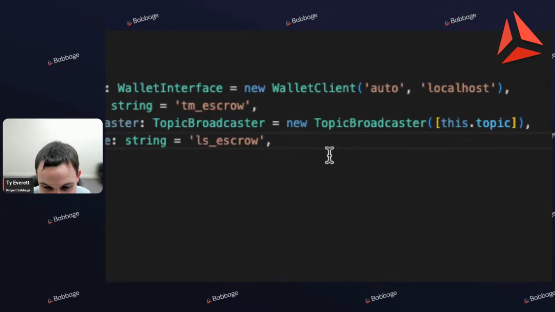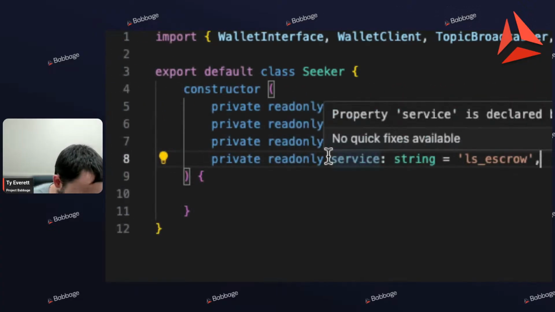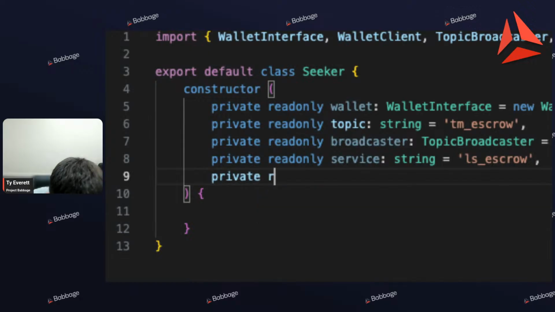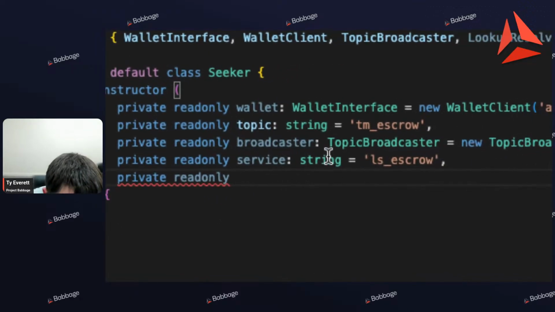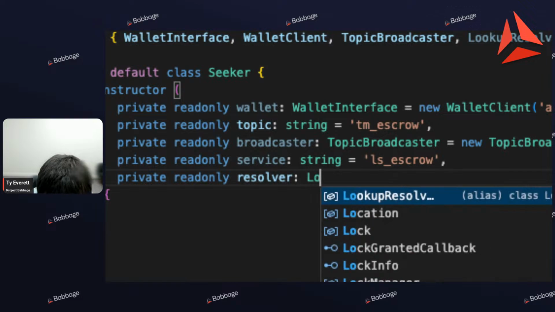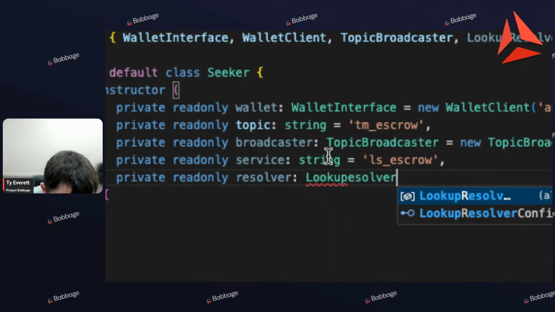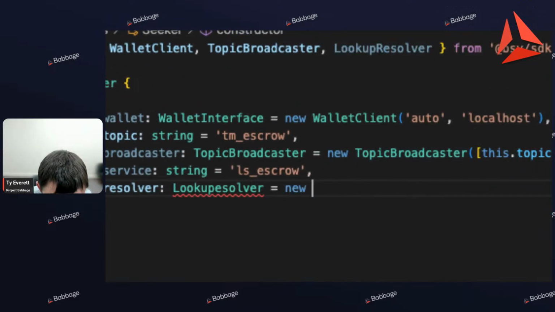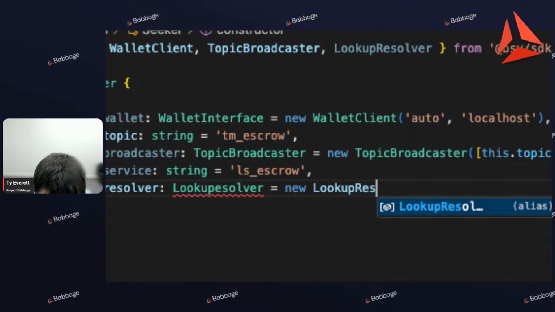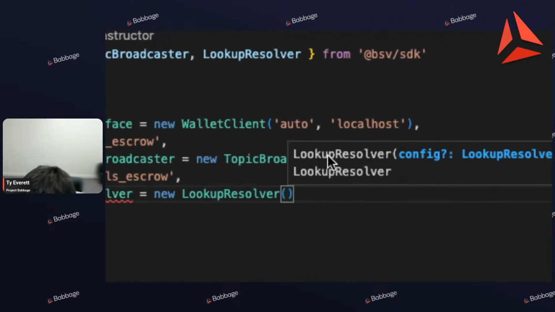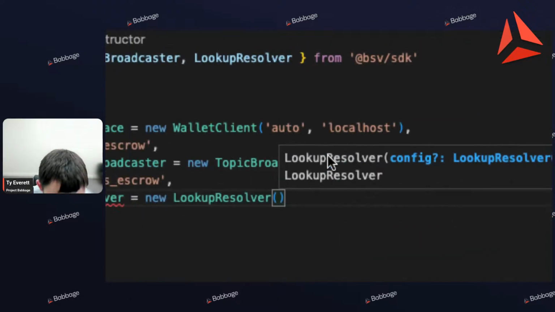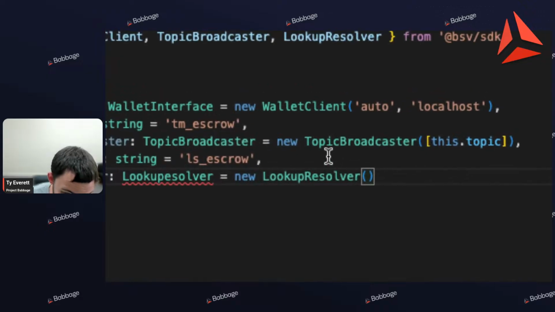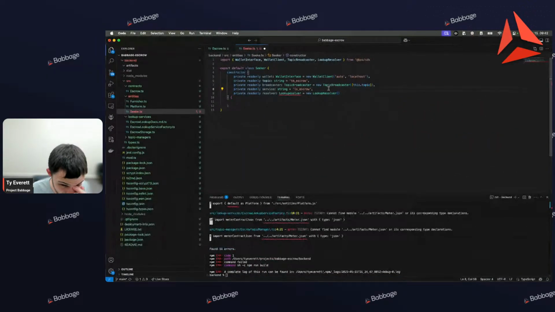LS escrow. And if you don't provide it, then it's a new lookup resolver, and that takes nothing. So by default, if you want a network preset, if you want any of that stuff, you can do that way.